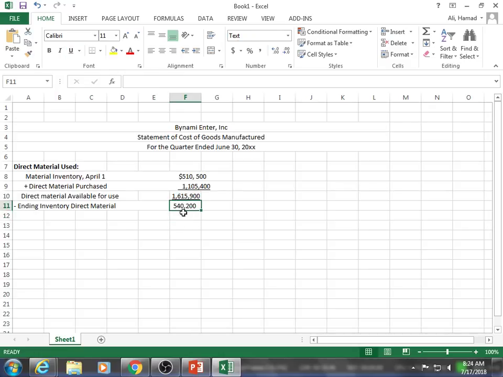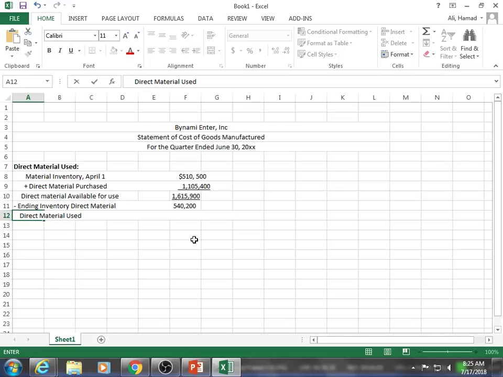So if you take this off, we get cost of direct materials used. If you take this 540,200 out of 1,615,900, we get direct material used. How much was it?